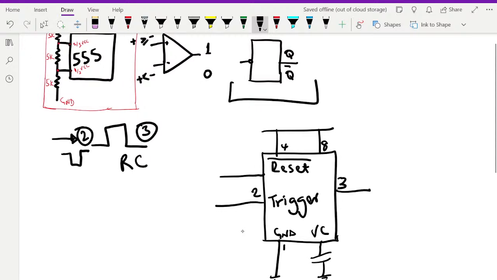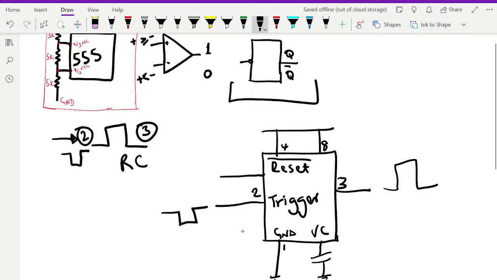If you send a low-going pulse to pin number 2, then the output will give you a high-going pulse. That's what happens when you build a monostable multivibrator: you send a low pulse to pin 2, and then pin 3 goes high.